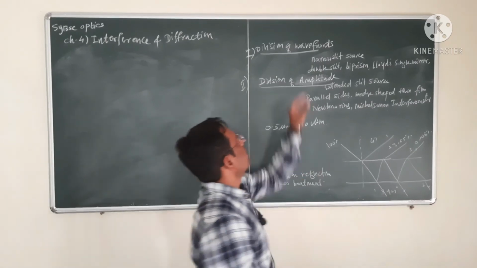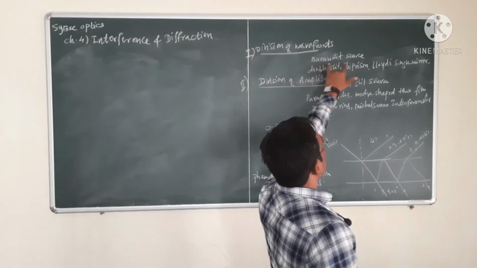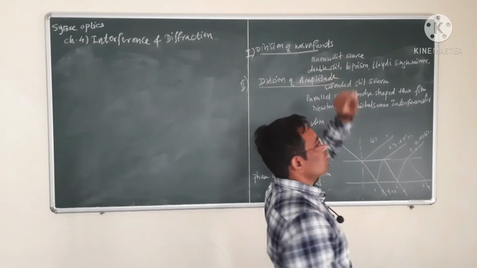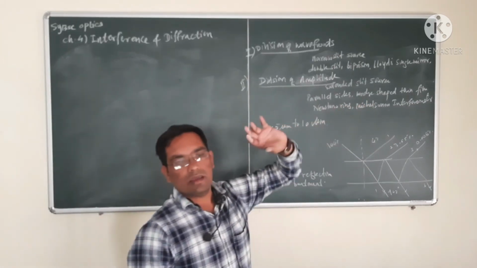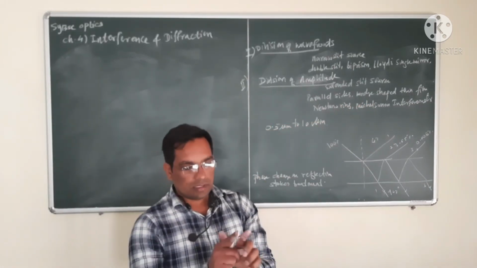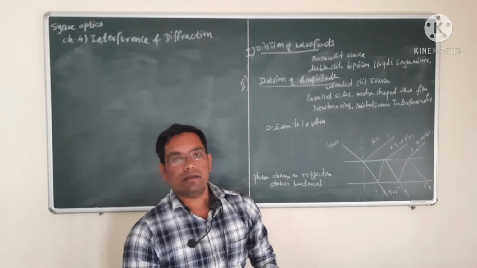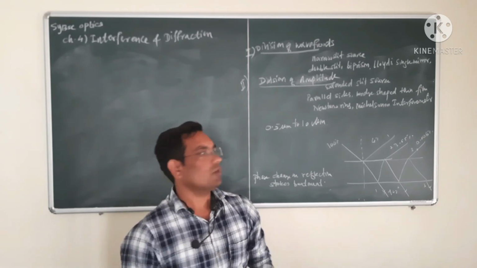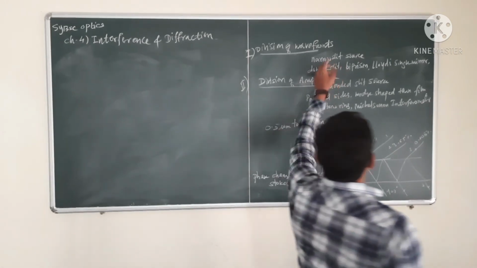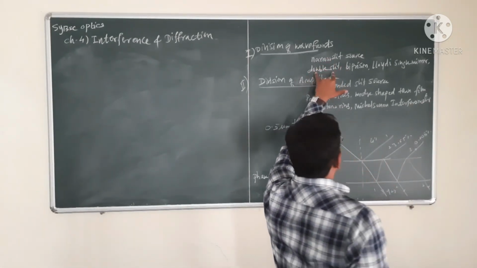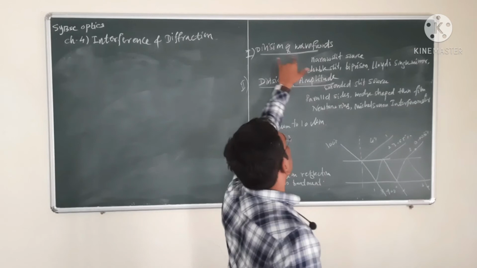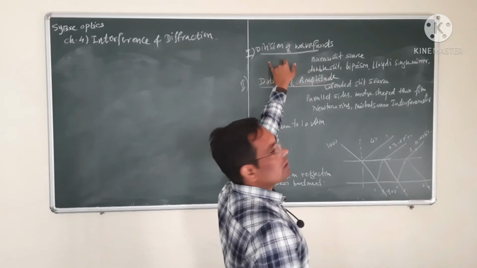In this case, the source of light must be a narrow slit. Narrow means the size of that slit should be very small compared to the wavelength of light. This phenomenon is obtained in the double slit experiment.